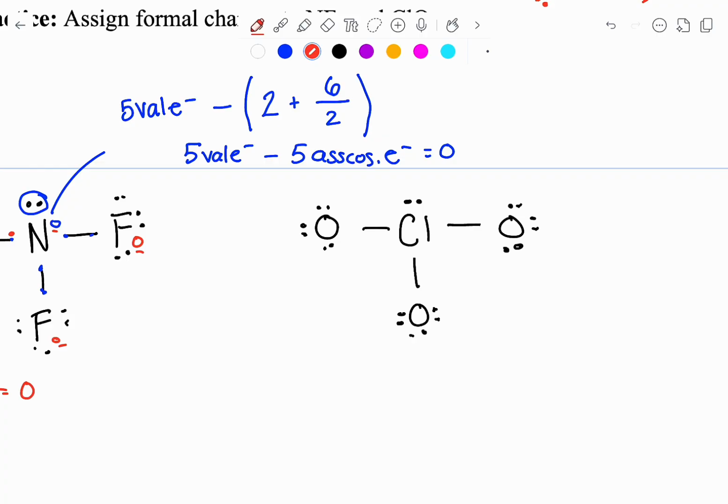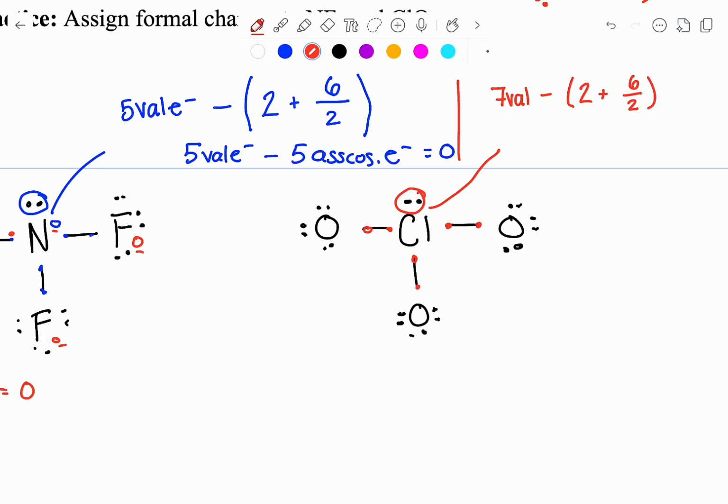So let's look at the chlorine first. I'm going to put it up here in red so it differs from the blue. So chlorine also has 7 valence electrons, and we're going to subtract from that its associated. So lone pair-wise, it has 2 electrons that are in lone pairs. We're going to add to that the number of electrons that are shared in bonds, and we're going to divide it by 2. So 1, 2, 3, 4, 5, 6. 6 divided by 2.